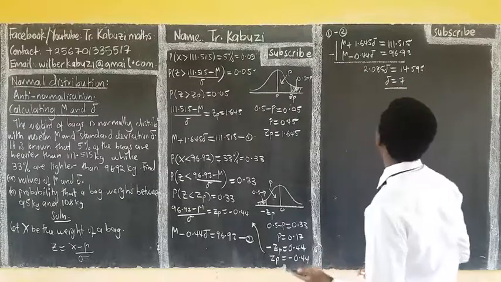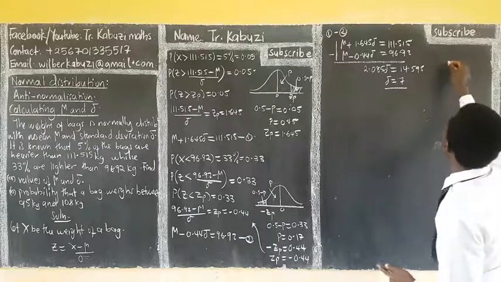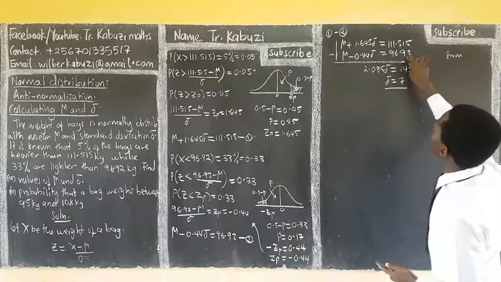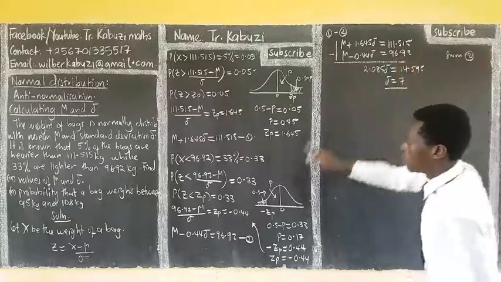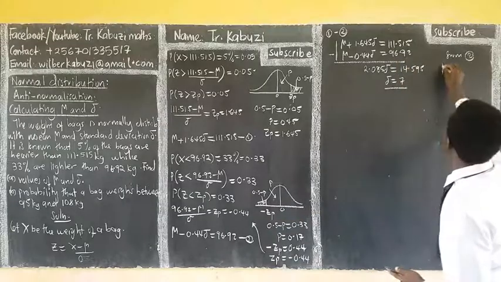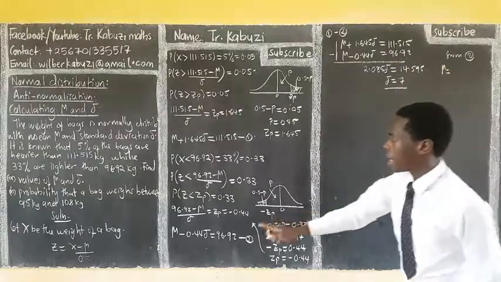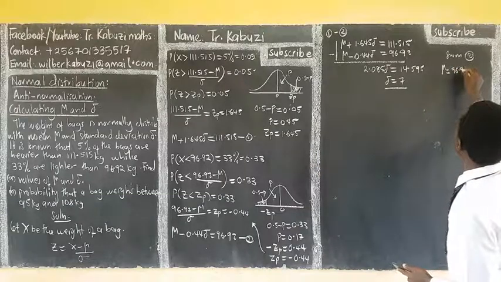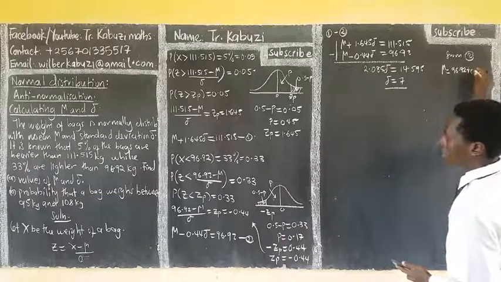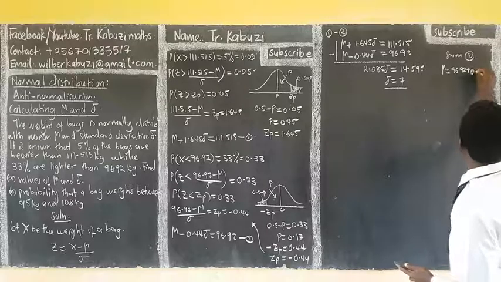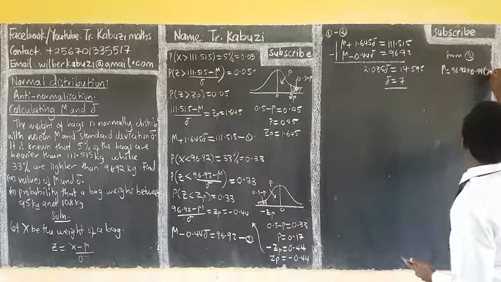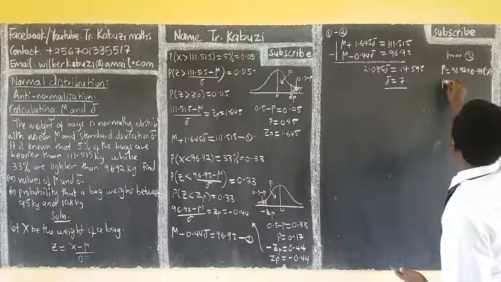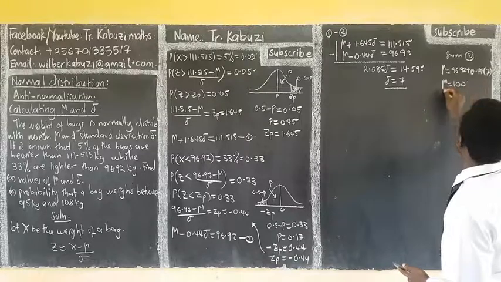So you make mu the subject, and from here our mu will be, when you take this side, 96.92 plus 0.44 times 7, and our mu there is going to be 100.